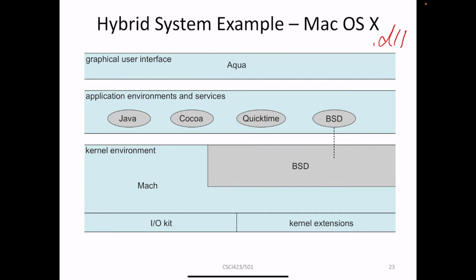The additional functionalities can be dynamically loaded into the kernel by the user. In this sense, the module structure is also used by macOS. Therefore, real-world operating systems more or less use multiple structures, as we have discussed in the previous couple of slides.